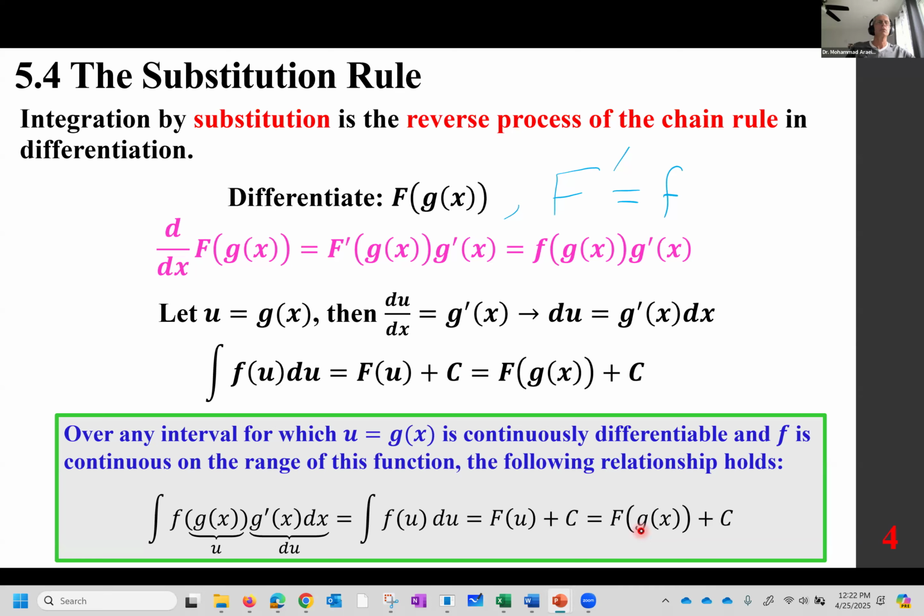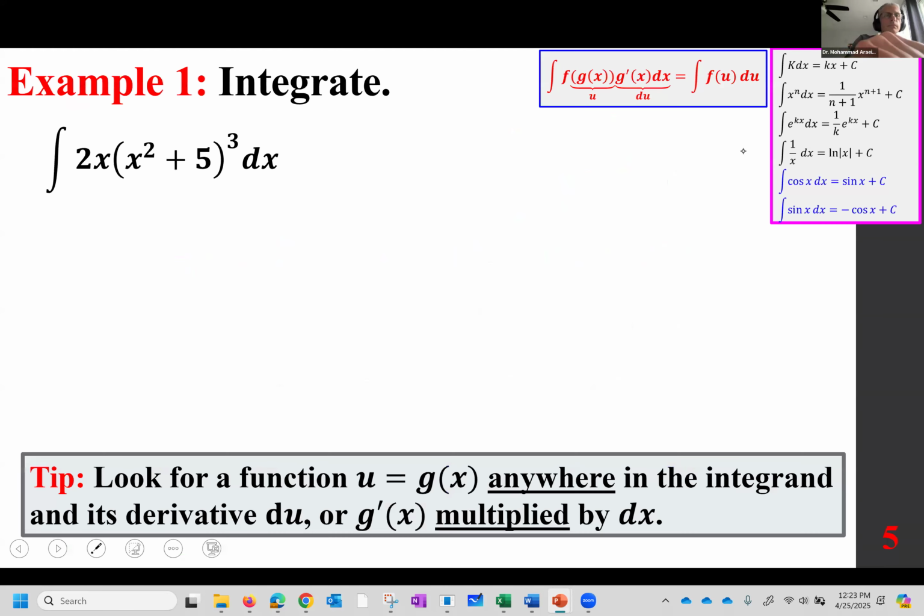So 5.4, the substitution rule. Integration by substitution is the reverse process of the chain rule in differentiation. I want to differentiate this, and here's the tip.